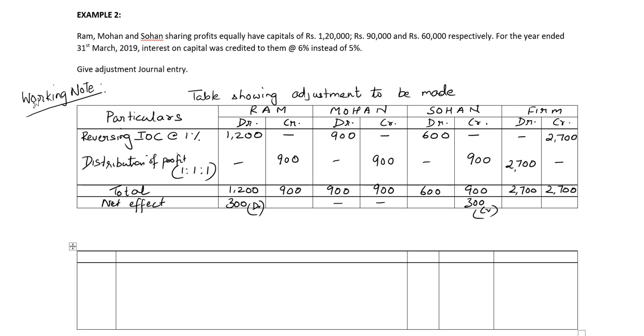It is not specified that it's fixed capital method which is being followed, so we will assume fluctuating capital method and pass the adjustment entry through the partner's capital account. So we'll go ahead with the solution.